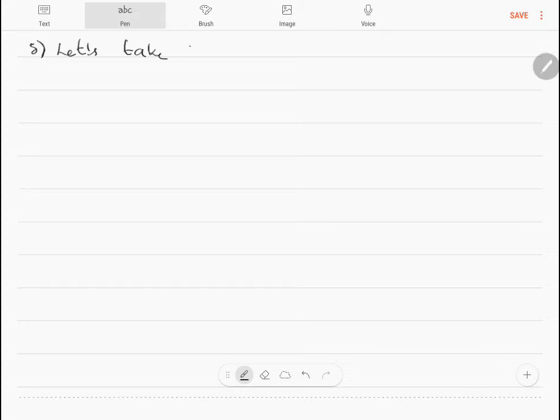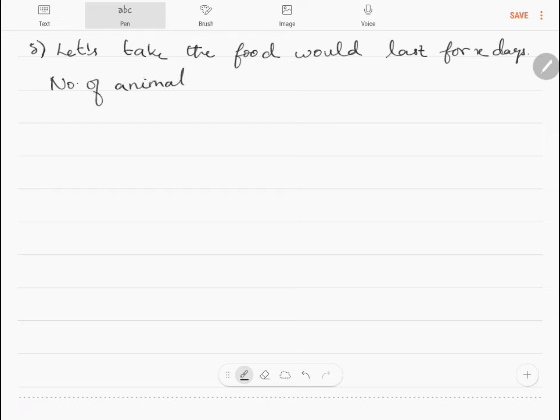Let's take the food would last for x days. Number of animals, number of days. If this is 20, number of days is 6. This is 20 plus 10, that's what is given, just 30. Then here it is x.